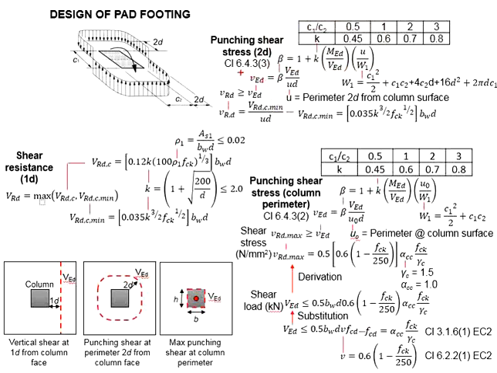Once we have calculated the shear stress, this will need to be compared with the shear resistance per unit area, and then we need to make sure the shear resistance is greater than the shear stress. This briefly explains the design process for the punching shear at 2d perimeter from column face.